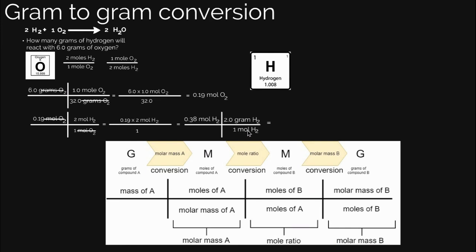Notice that I set up the mole of hydrogen on the bottom so that I can cancel the moles of hydrogen on the top that I started with. All right, so if you do this, these units will cancel. My calculation in this case becomes 0.38 times 1.0. Just a second.